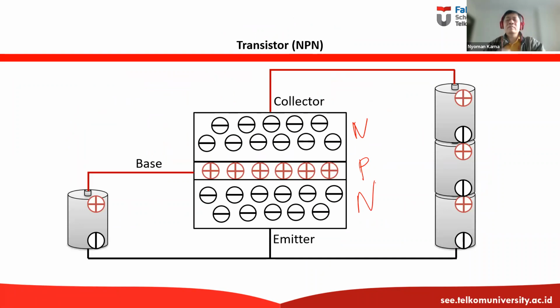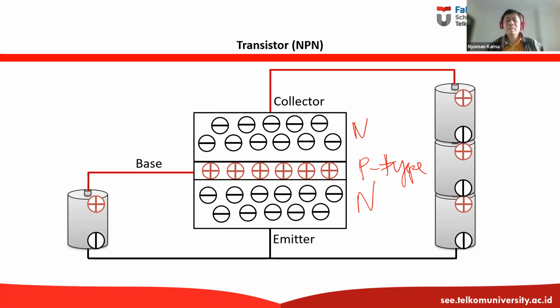Okay, now actually the P-type semiconductor is very thin so that the current through the collector to emitter can go through.